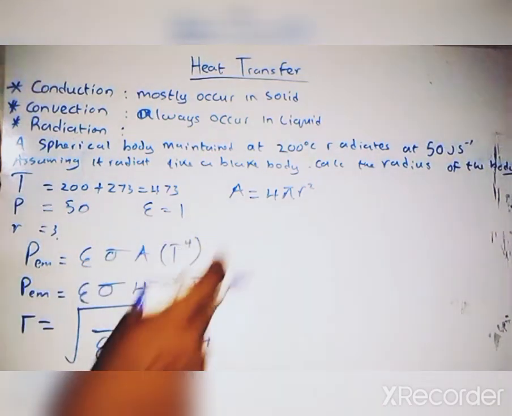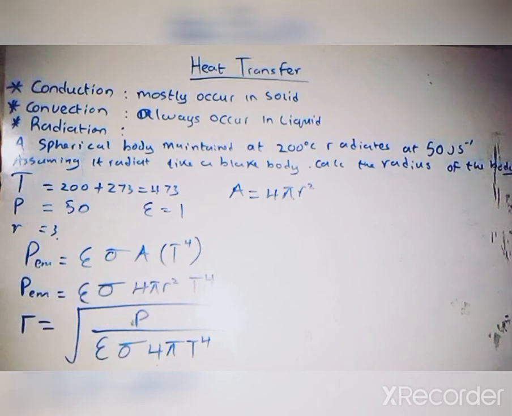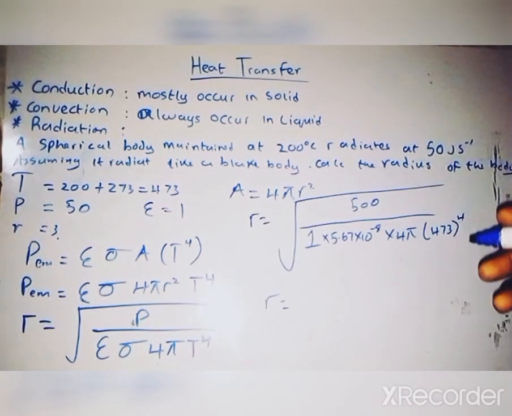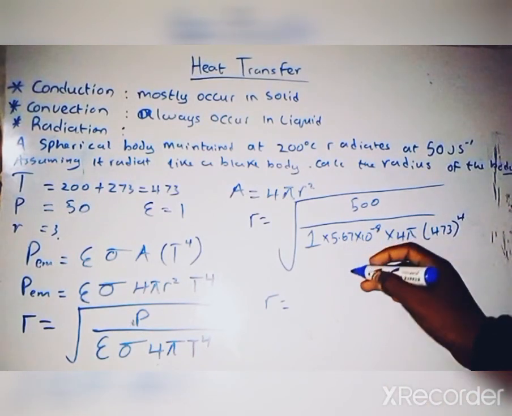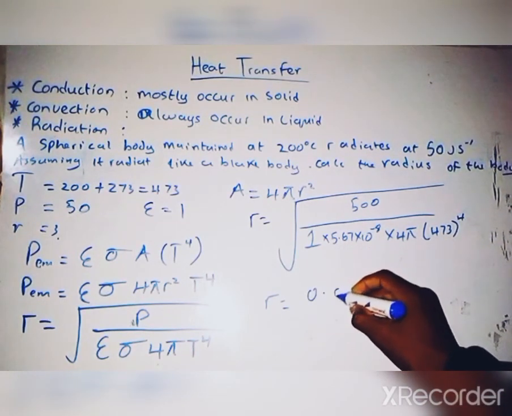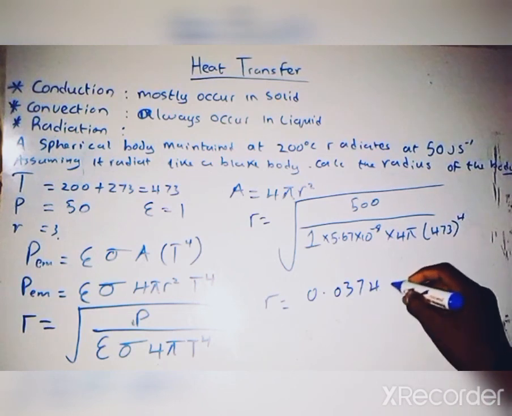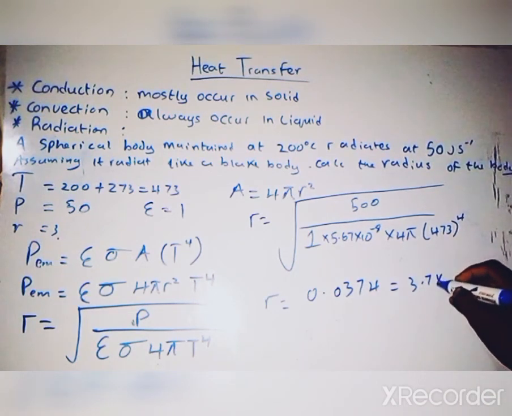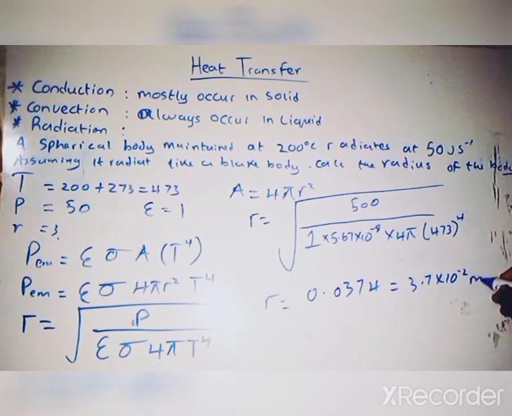Inserting the value of P and using a calculator, we get 0.0374, which is 3.7 times 10 raised to power minus 2 meters.